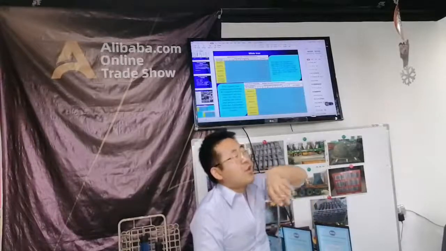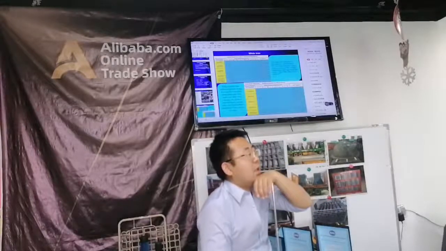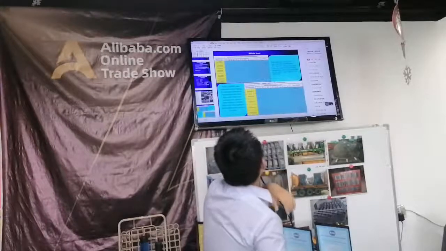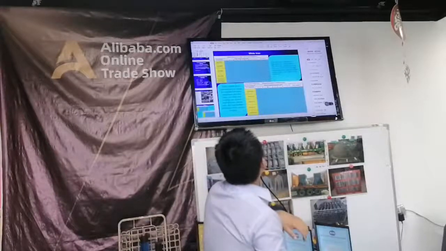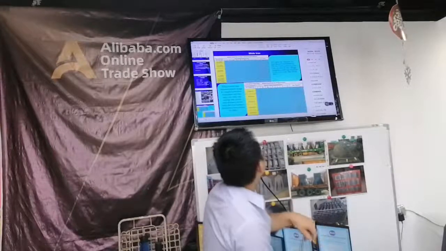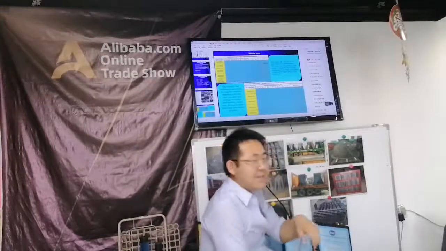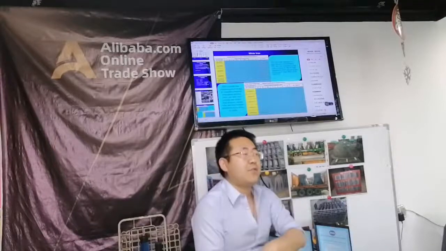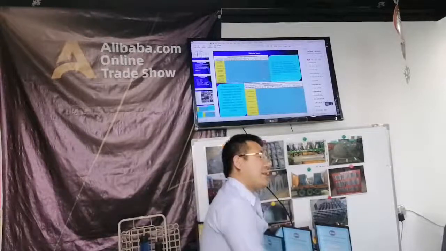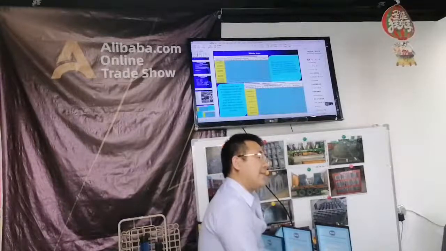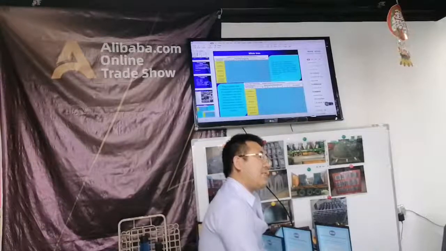The chromo is from 20, 30 to the 35. And the hardness is also very high, from HRC 15 to HRC 65.